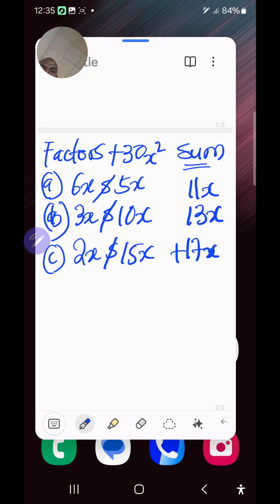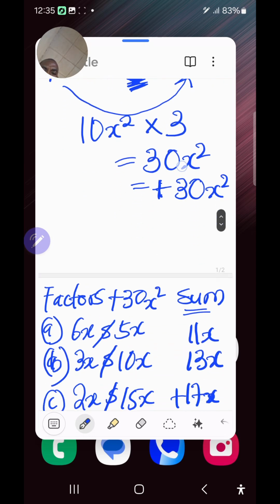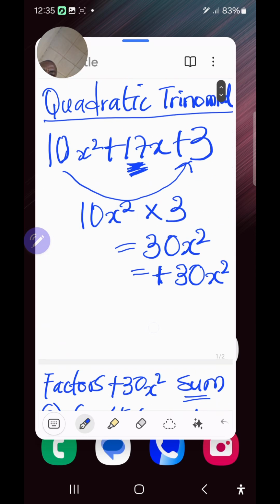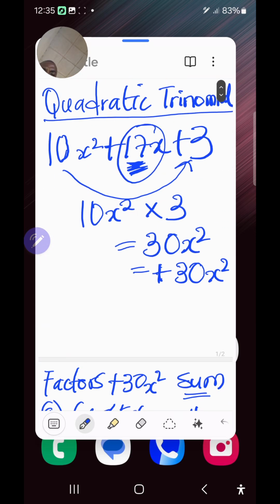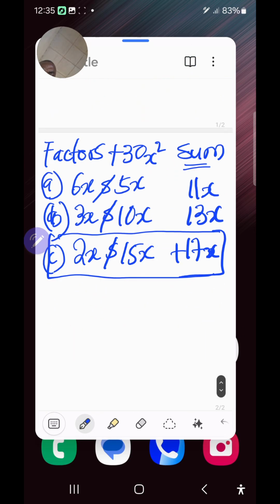Because according to the question, the middle term is 17x, which is what we actually needed. Then we proceed. We are going to use these two terms and substitute them for the 17x.